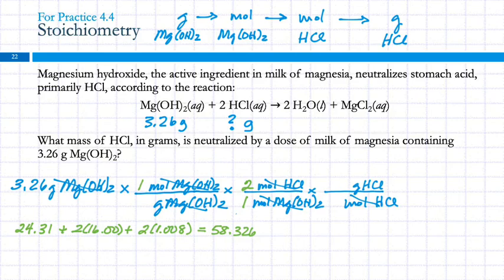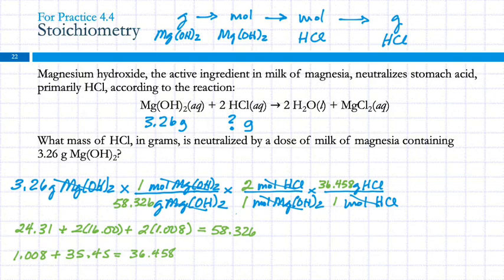So 1 mole of magnesium hydroxide weighs 58.326 grams. And I need molar mass for HCl. So 1 mole of HCl weighs 36.458 grams. I'm not rounding those molar masses. It's better not to.